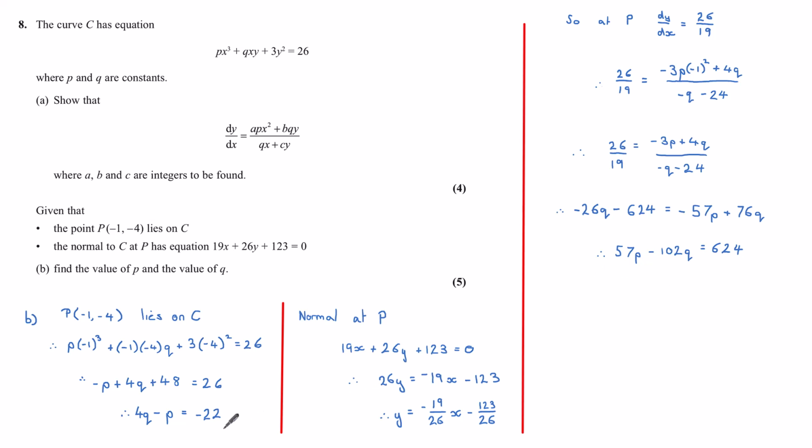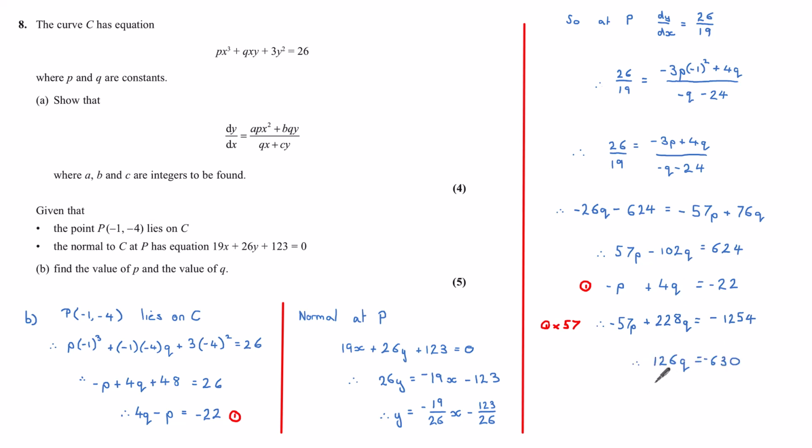So let's bring over our first. I'm going to write it as the p then the q, just so that these are in line. If I multiply this by 57, I've got negative 57p plus 228q is equal to minus 1254. The reason I've done that is so that I can add these two equations together to cancel the p's.